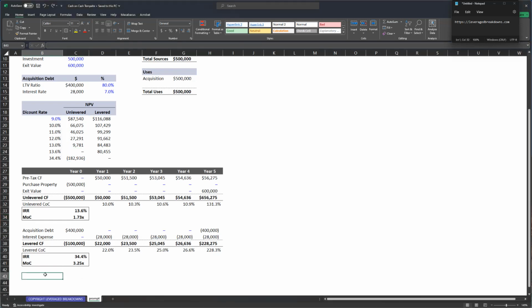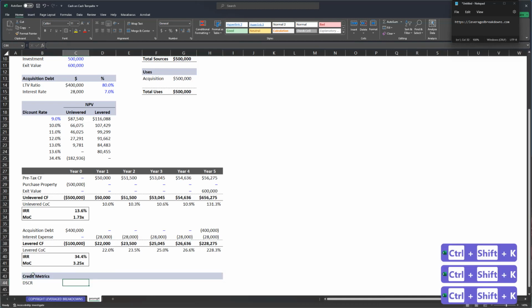Now let's look at two metrics that are only relevant to debt investors. That's going to be your debt coverage ratio and your debt yield. So your DSCR, debt service coverage ratio, I'm going to call these credit metrics and just put them under a little blue header for no particular reason, just to make it easier.